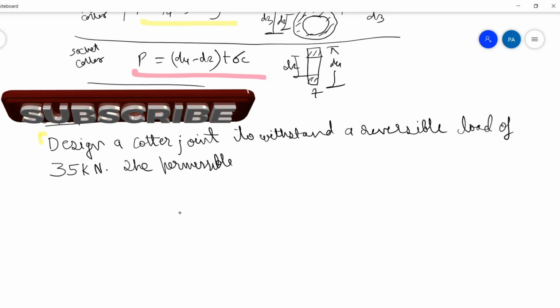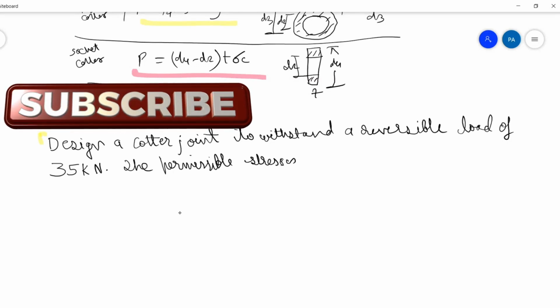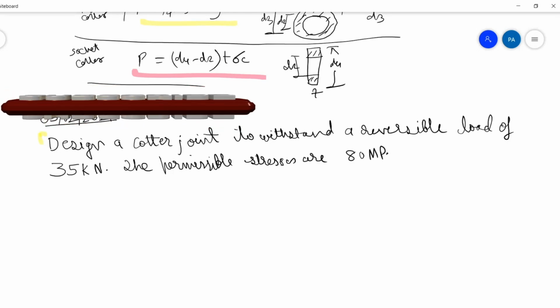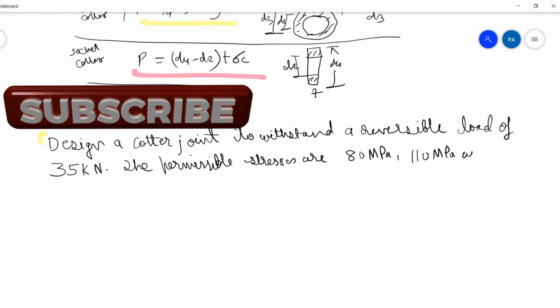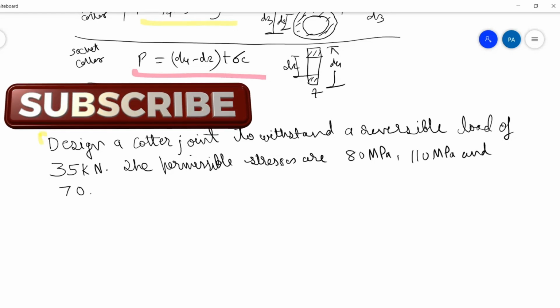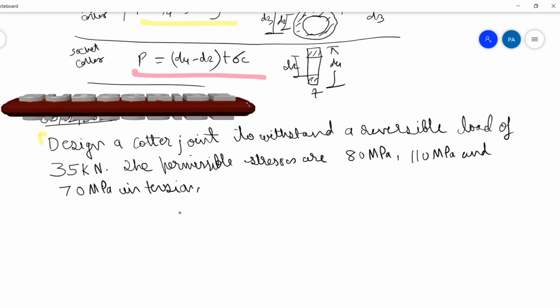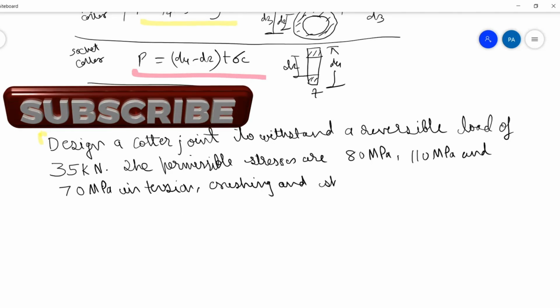The permissible stresses are 80 MPa, 110 MPa, and 70 MPa in tension, crushing, and shear, respectively.